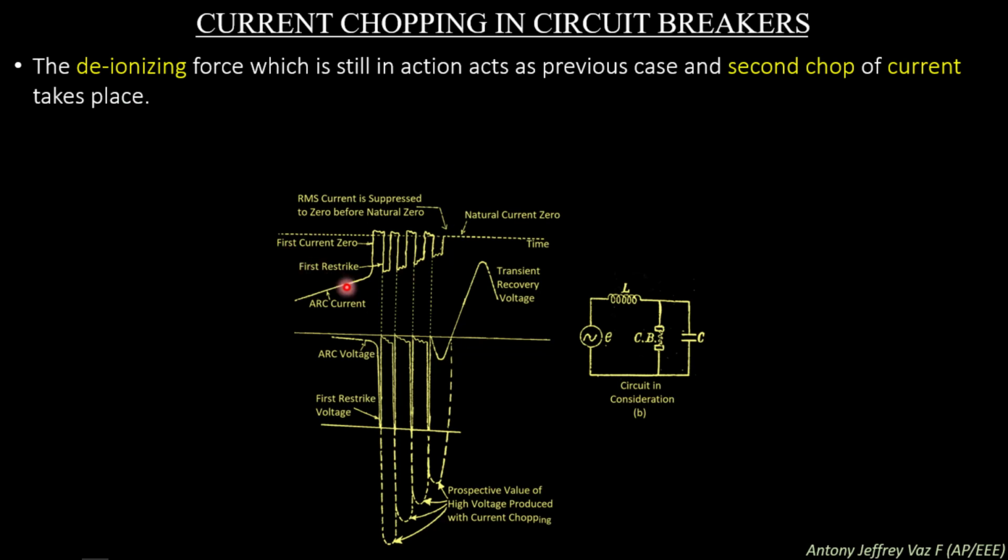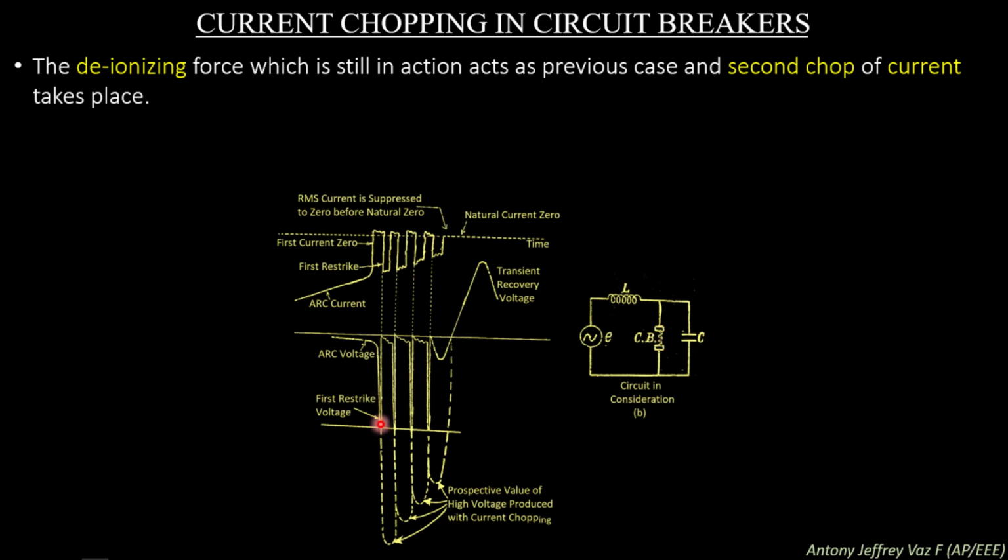On seeing this figure, you can clearly watch in the second chop the voltage across the capacitor again reaches zero and the current of the arc again increases. So this second chop is due to the voltage across the capacitor, which is very high, and so the circuit breaker contacts and the medium get ionized, so the arc is struck.